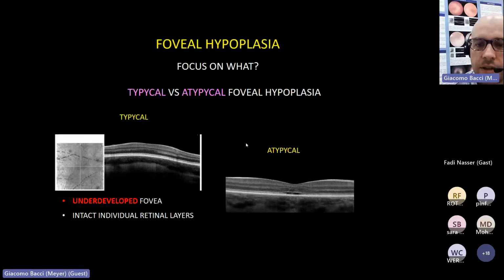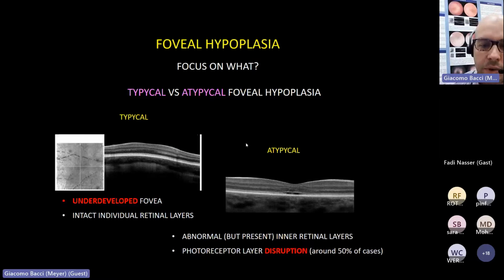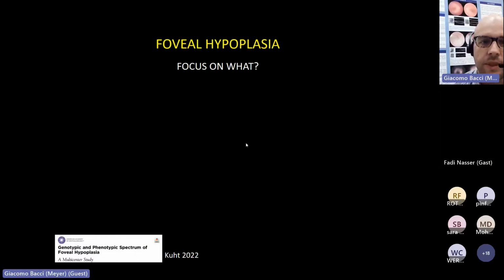And as we saw, the atypical forms are sometimes abnormal at the inner retinal layers, with, in part of the cases, a disruption of the photoreceptor layer.